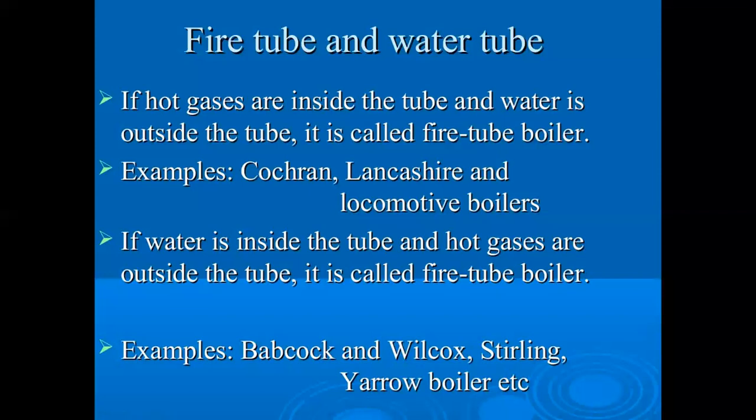Examples of water tube boilers are the Babcock and Wilcox boiler, Stirling boiler, and Yarrow boiler. In next classes, we will discuss the working of the Babcock and Wilcox boiler.